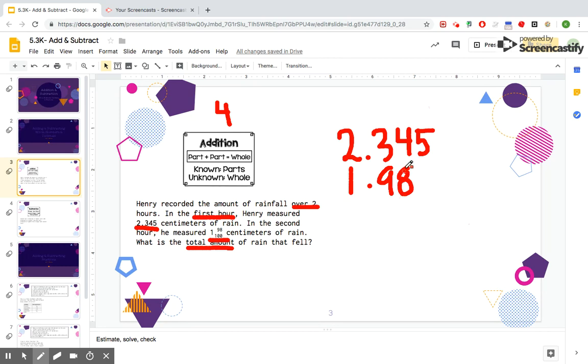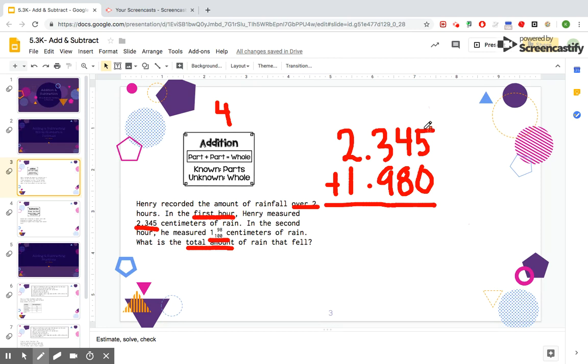And in this case, you see how I have this empty space over here? I can go ahead and fill that empty space up with a 0 just to make things a little bit easier. It does not change the value of that number because I'm adding a 0 after a decimal point. So it just makes it a little bit easier for me to see without changing the value of the number.